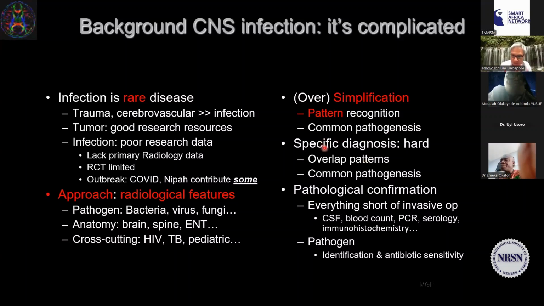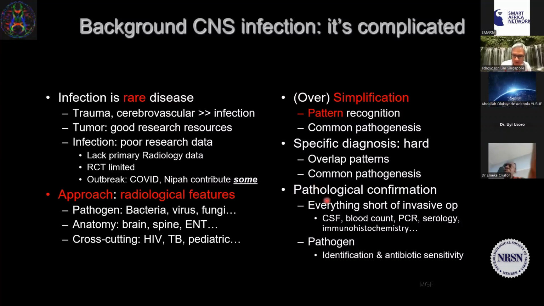The specific diagnosis of the organism is very, very difficult because there's lots of overlapping patterns, and nearly every virus can give rise to microhemorrhage, and non-infection, just the fact that the patient is admitted to the intensive care unit and is in a coma can give rise to some common pathogenesis and brain damage, irrespective of the virus infection. And the virus doesn't even have to attack the brain, such as in COVID-19.